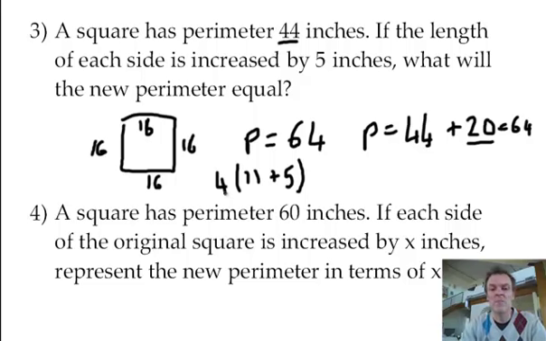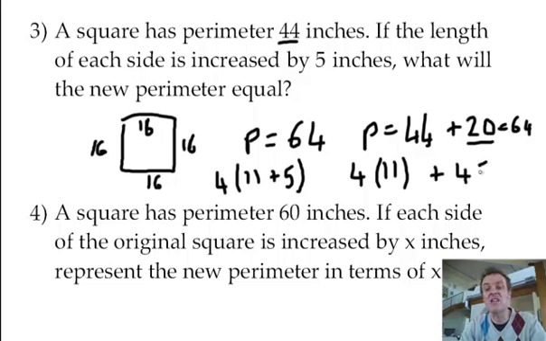But somebody might have been thinking, well, here's the original, 4 lots of that is the 44, but also 4 lots of the increase. If I make it 5 bigger, I've got an extra 4 lots of an extra 5 inches. If you put those two together, that's the 44, that's the 20, that makes the 64.